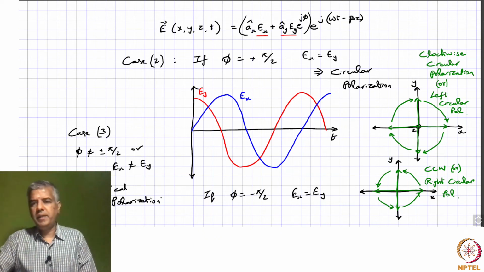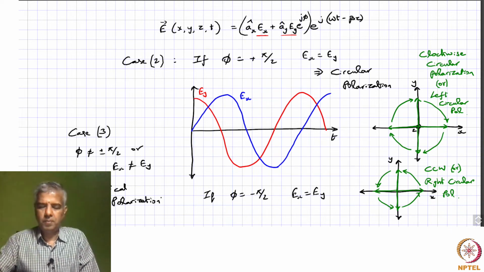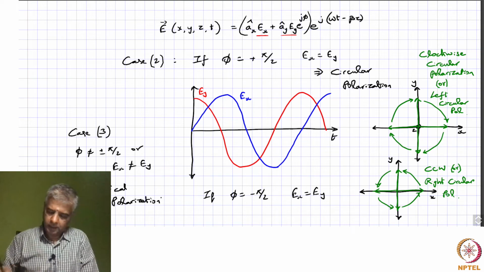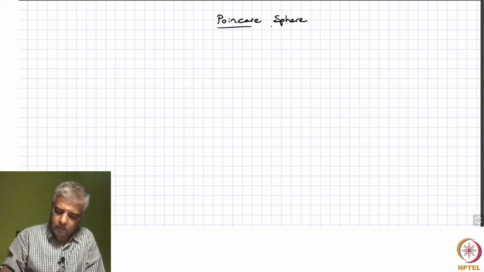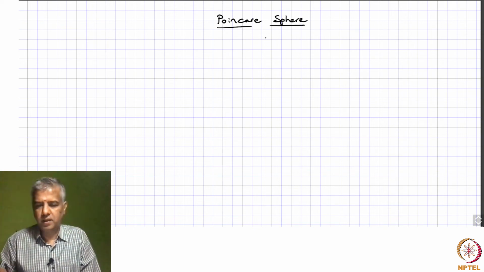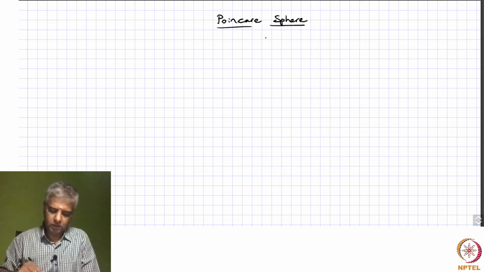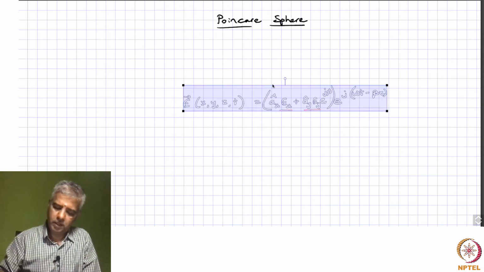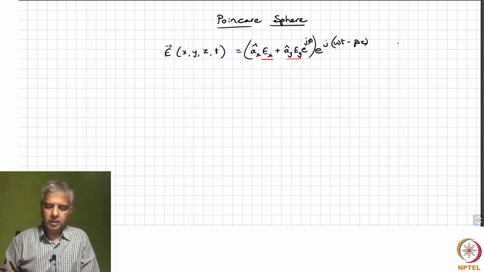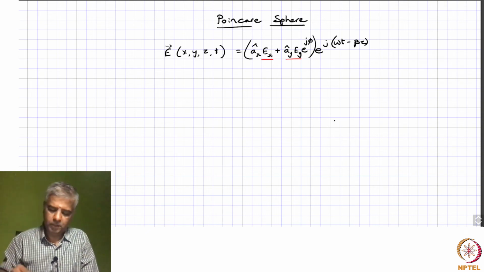Okay, so there is actually a neat way of representing these polarization states, whether linear or circular or elliptical, and that representation in a three-dimensional way is through what is called a Poincare sphere. It's named after the famous scientist Poincare, but essentially he found a very nice way of representing this.